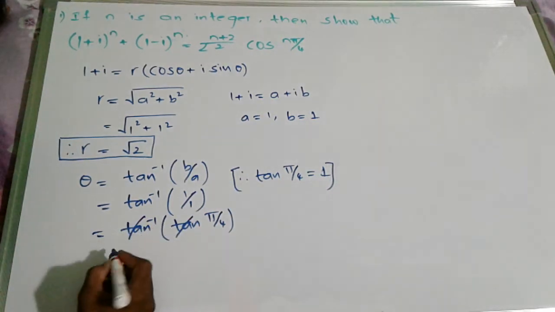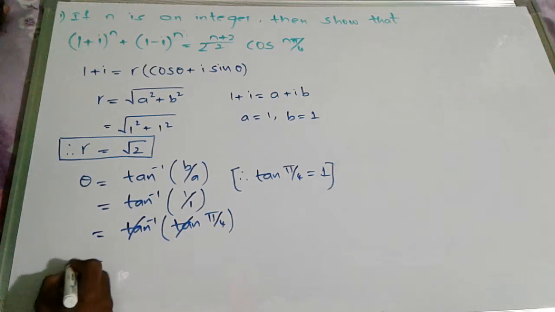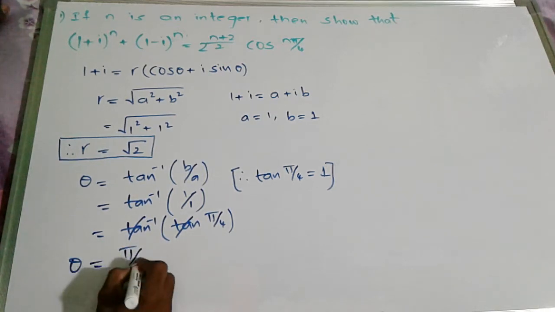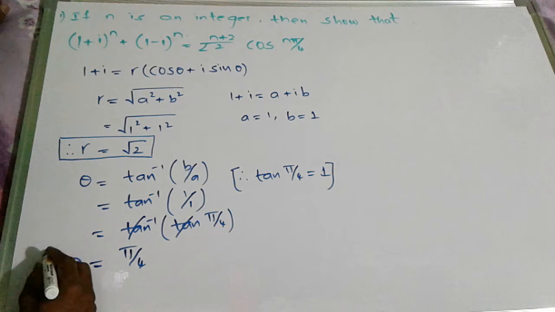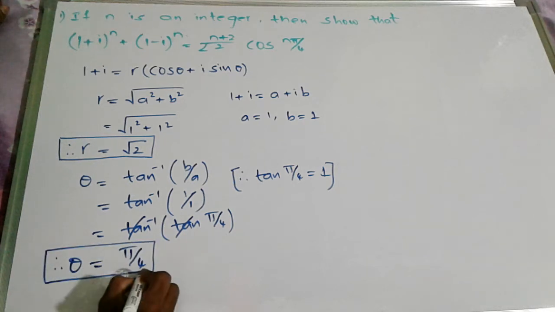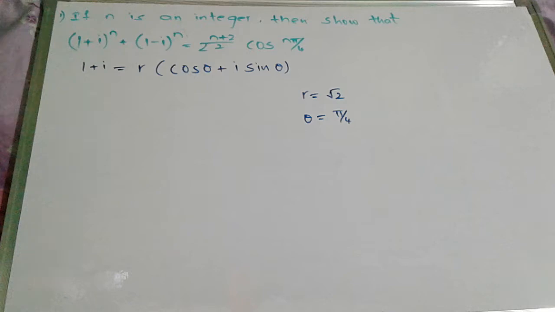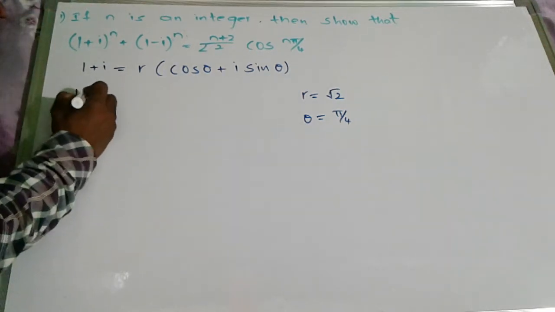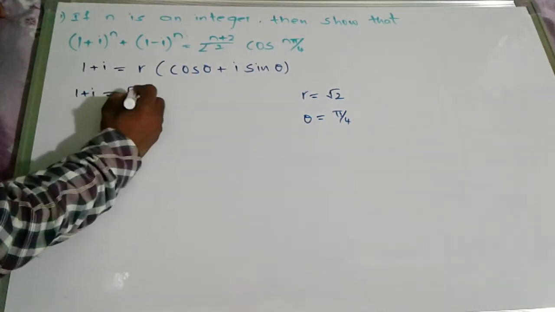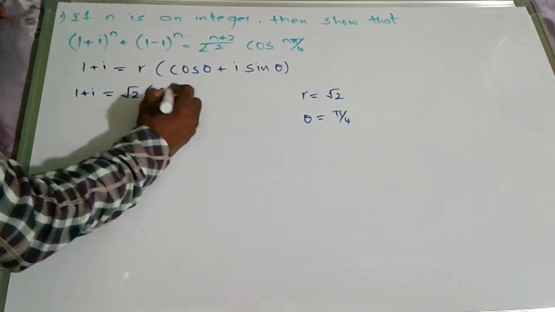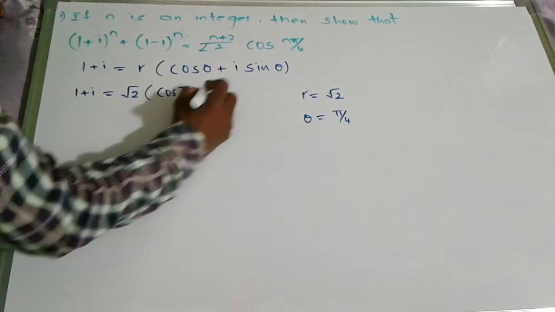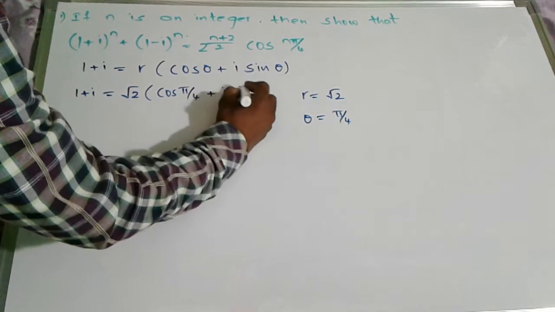So here tan inverse and tan get cancelled and we get theta value pi by 4. So we substitute this r and theta value over here. So 1 plus i is equal to root 2 times cos pi by 4 plus i sin pi by 4.